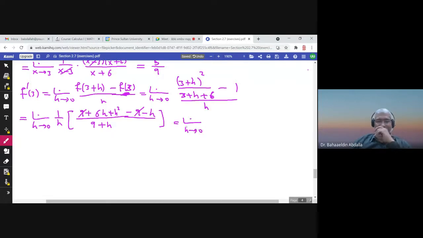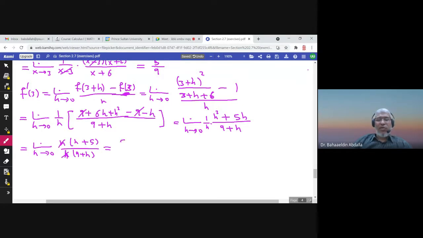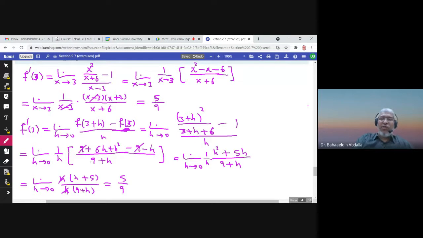And I'll have h squared plus 6h minus h, plus 5h. And there is 1 over h outside. And now when I take h as a common factor from the numerator, I can cancel it with the h outside. And now I can replace h by 0 and have 5 over 9, which is the same answer.